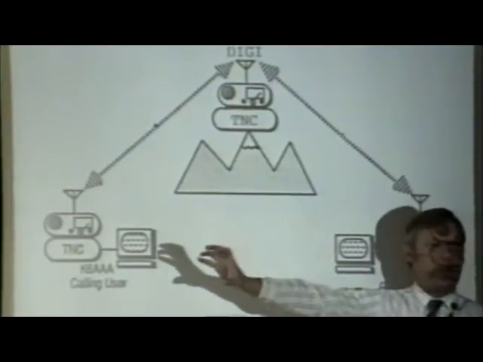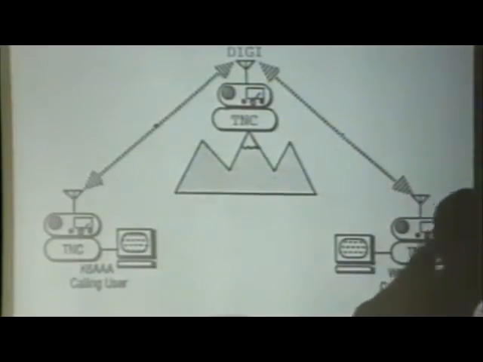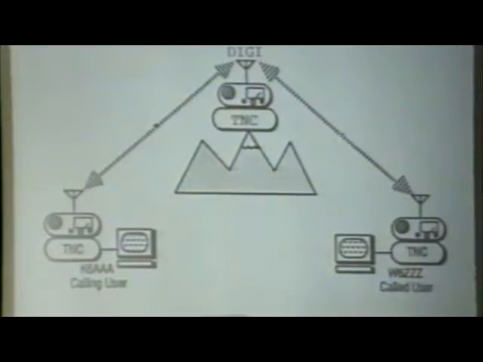You have to define the path. In digis, you have to define the path. In nodes, you don't. Alias works the same way. Digis also have aliases that you can use.